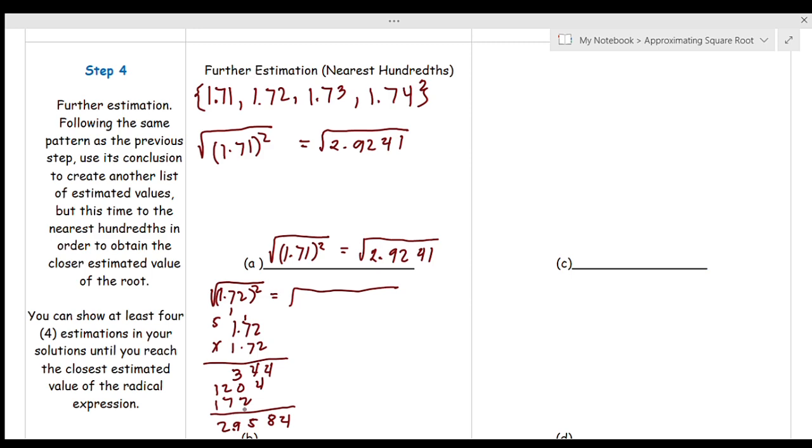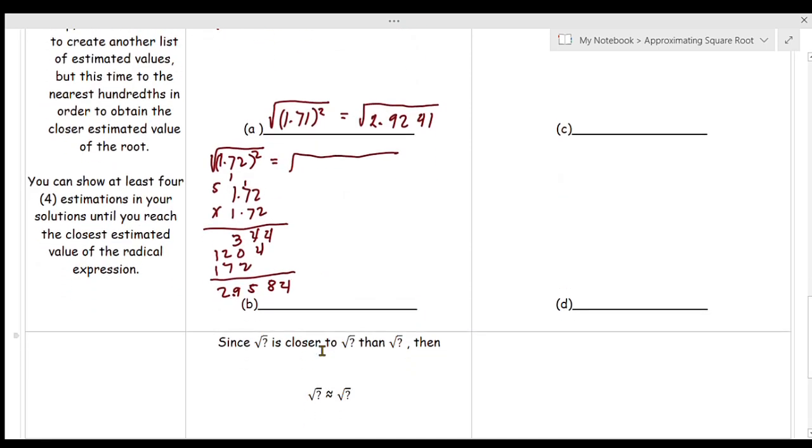Therefore, the result of the square root of 1.72 raised to 2 is equal to the square root of 2.9584. So, that's it.